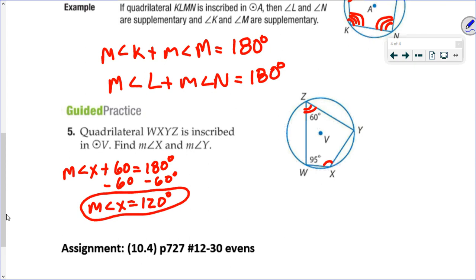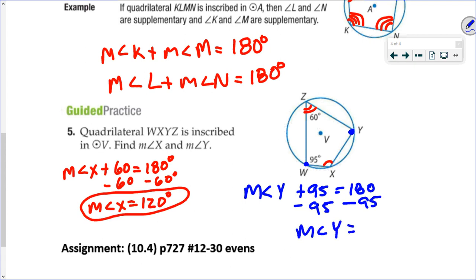Then angle W and angle Y are opposite angles, so they should add up to 180 degrees. If we subtract 95, we get that the measure of angle Y is 85 degrees. So that's how you can use theorem 10.9.